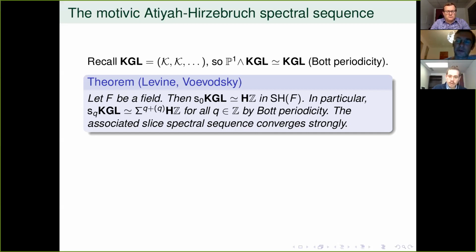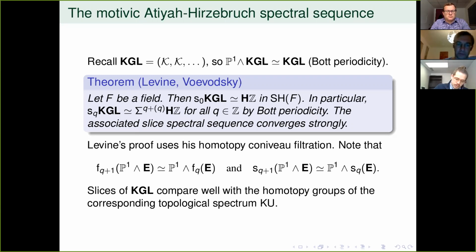So if you insert some smooth scheme, the associated slice spectral sequence will have finite columns and converge strongly. This was proven by Voevodsky. And just for the topologists in the audience, the slices of KGL look just like the even homotopy groups of the complex topological K-theory spectrum, KU.